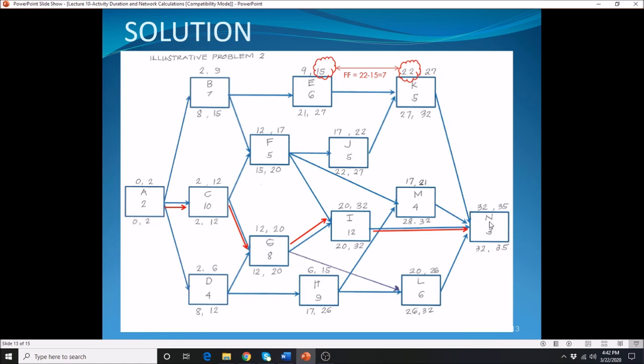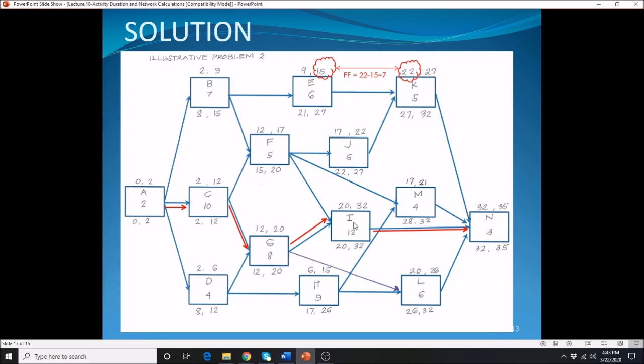Activity N is coming from K, M, and L. The early finish of activity K is 22 plus 5, 27. 17 plus 4, 21. And 20 plus 6, 26. Where is this number coming from? 32 here. Your N is coming from I as well.